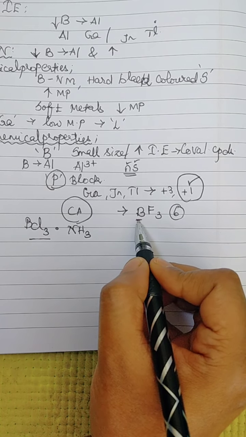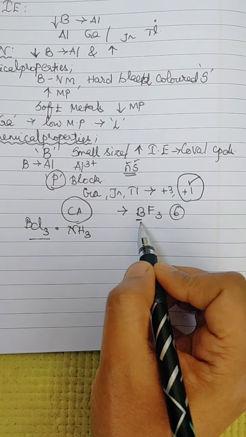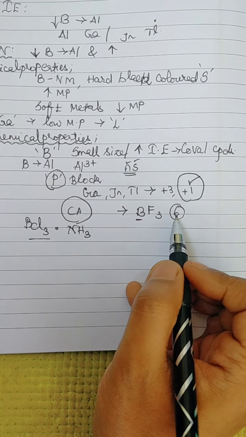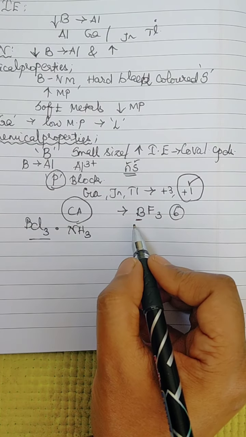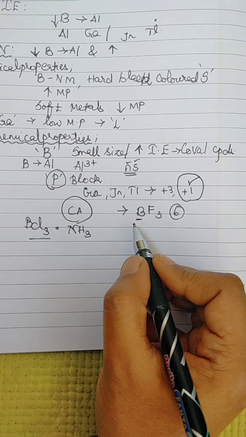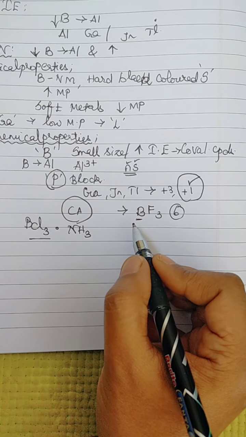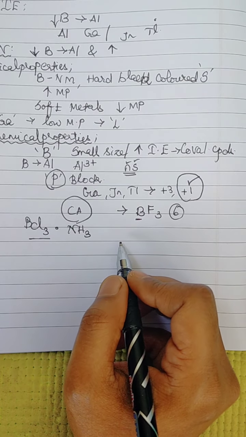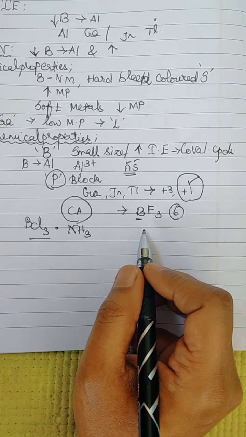For example, boron along with fluorine forms a compound where the central atom has 6 electrons. Now if I hydrolyze these, I will get tetrahedral complexes. In case of aluminium chloride, I will get octahedral complexes.